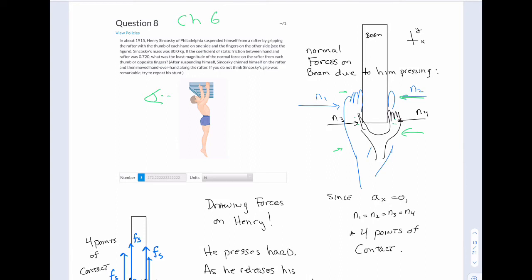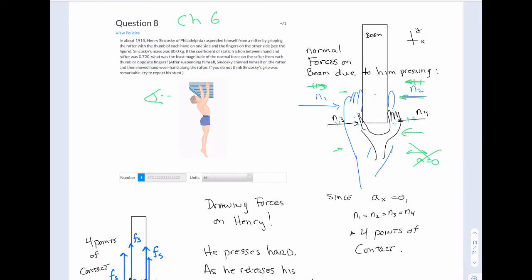But since nothing's accelerating, acceleration is 0, nothing's moving, then N1 would cancel out N2. If I applied F equals ma to the beam in the x direction, that says N1 would be equal to N2. So these two forces are the same. Same for the other hand.